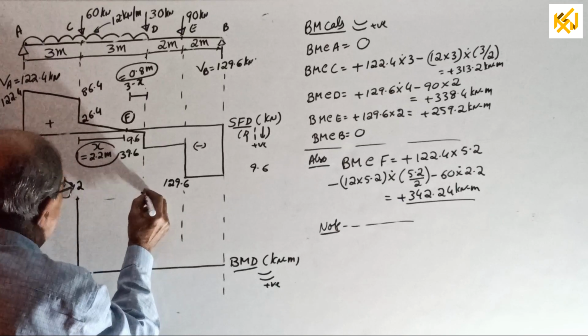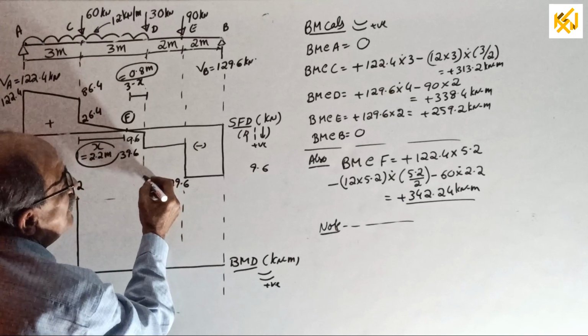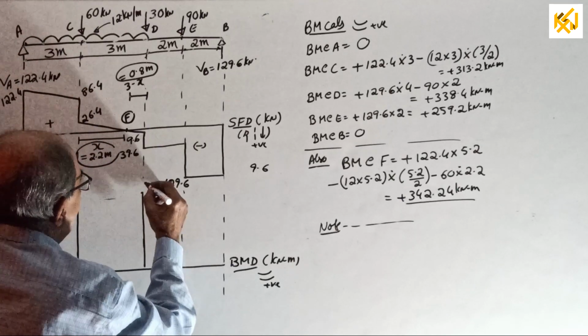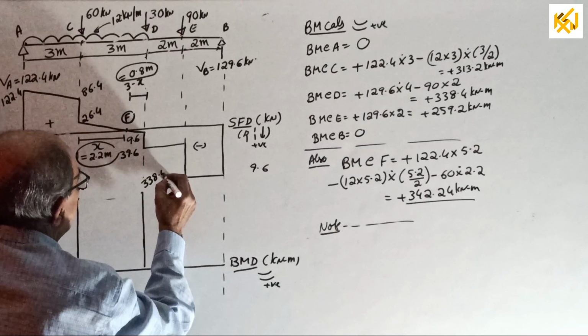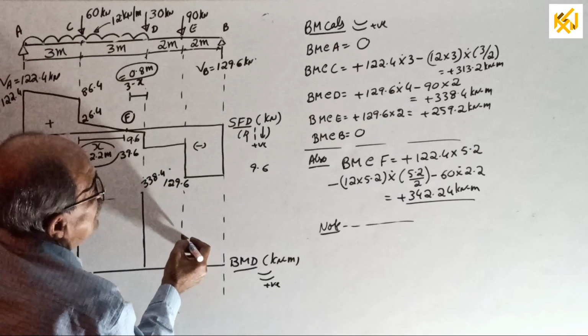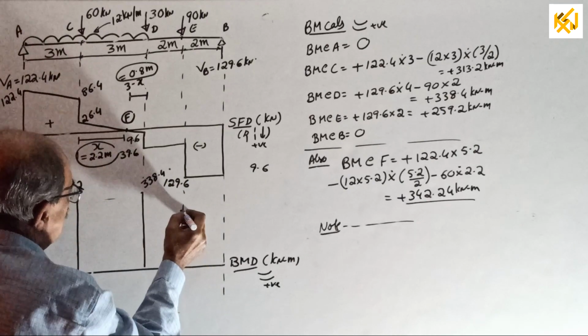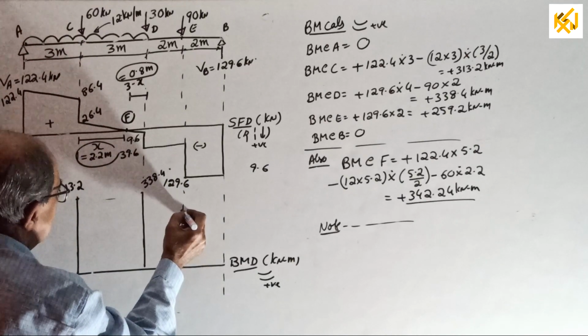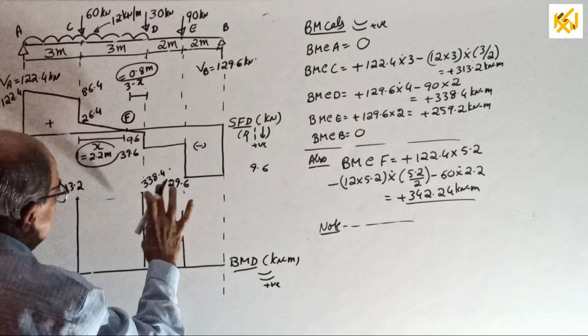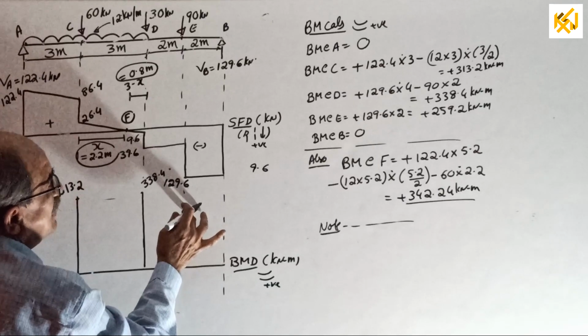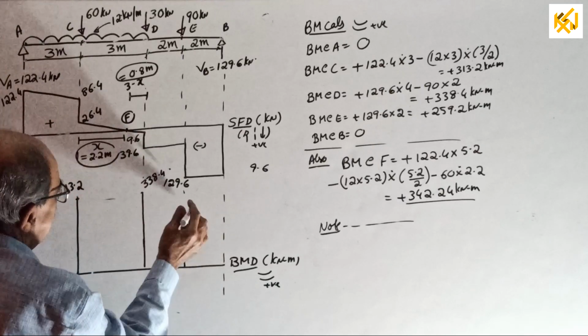Exact scale not required. I will write 338.4 here. Here, 259.2. 259.2 means another 70 from 338. Okay, reasonably okay.